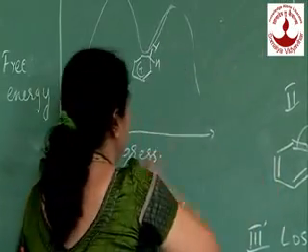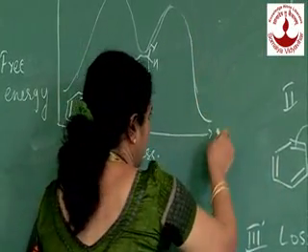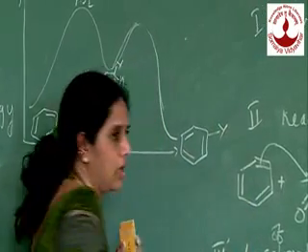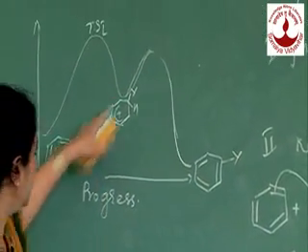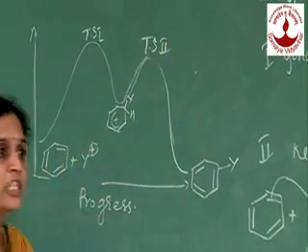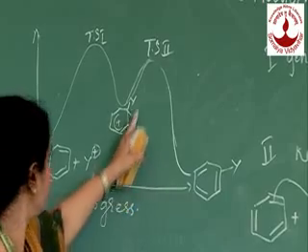In case of a substitution reaction, it has to cross this barrier of transition state 2.